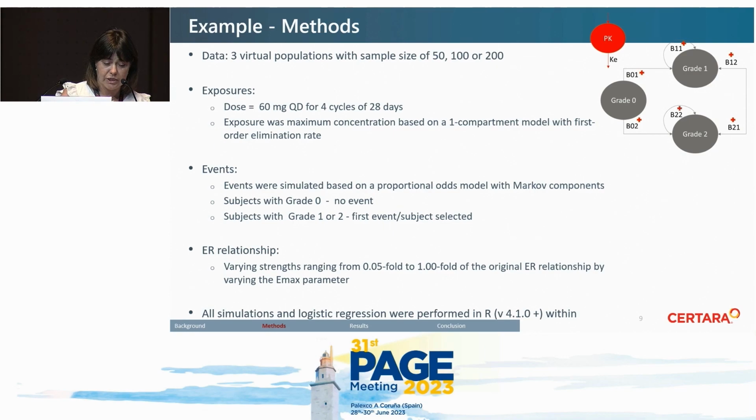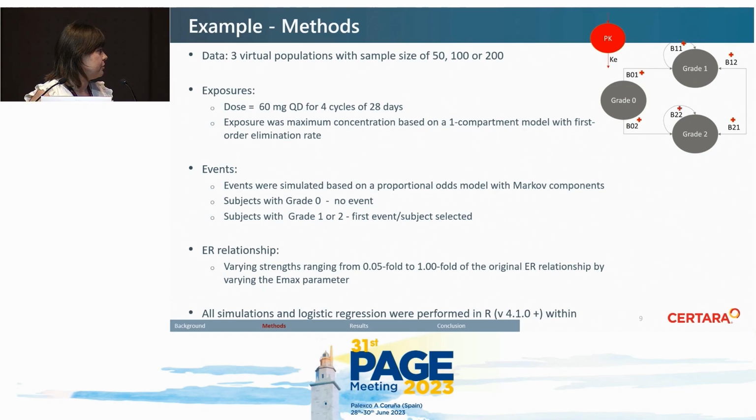We also changed the strength of the ER relationships from 0.05 to one-fold of the original ER relationship that we used by varying the Emax parameters, and all simulations and logistic regressions after that were performed within RStudio.